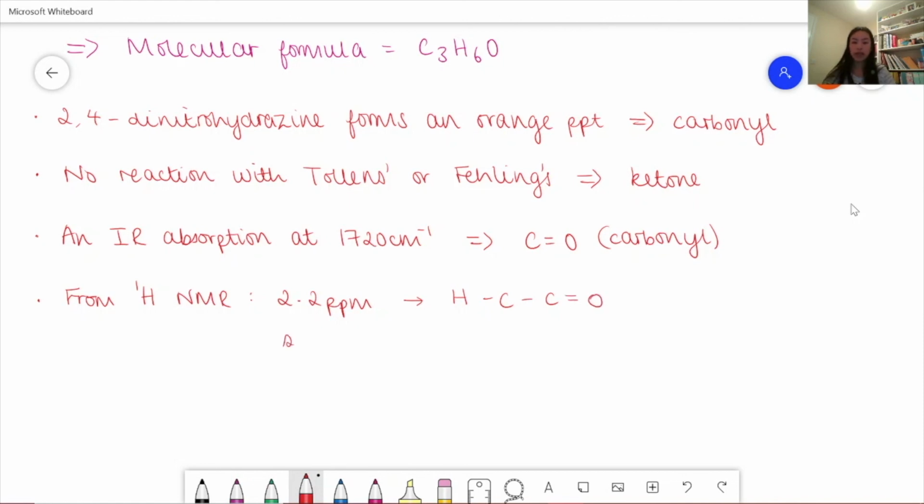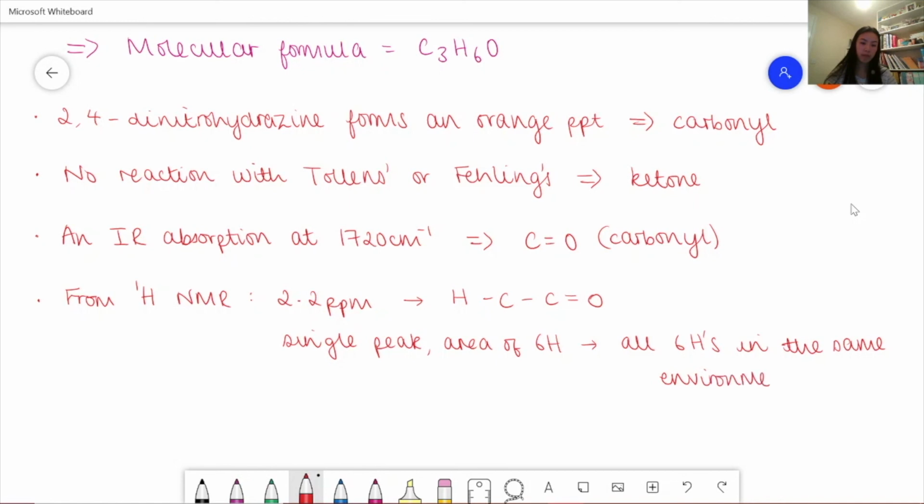And also we have a single peak area of 6 hydrogens. And so what this tells us is that all 6 hydrogens are in the same environment. And so the only way we can get 6 hydrogens in the same environment is if we have 2 methyl groups. So if we have CH3, CH3.